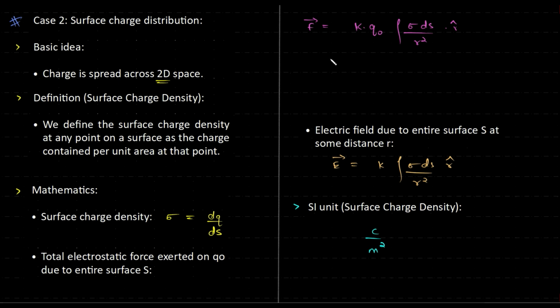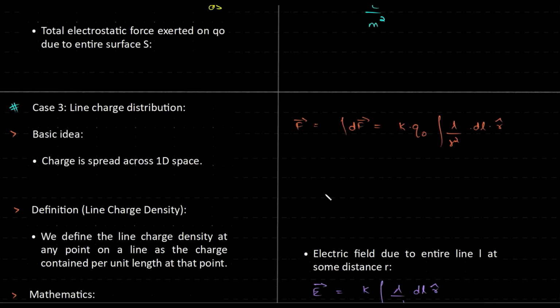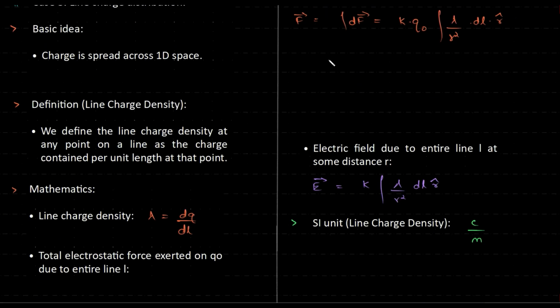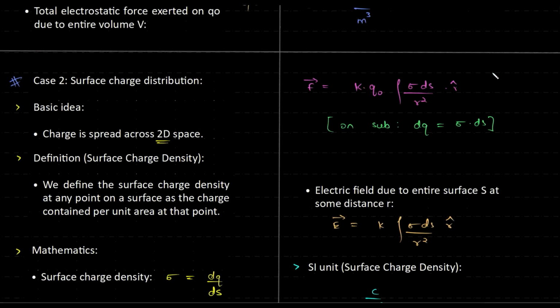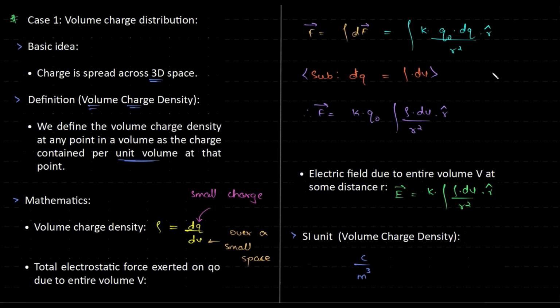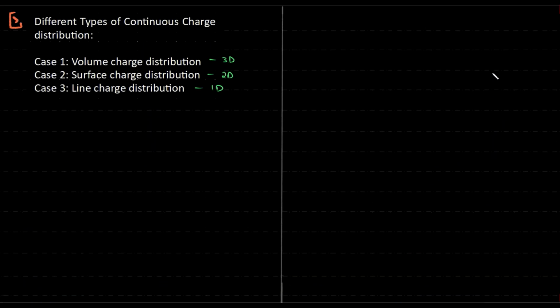Here it's on substituting dq as sigma dS, right? And here on substituting dq as lambda dl, as simple as that. Okay, guys. You guys can pause and have a look.